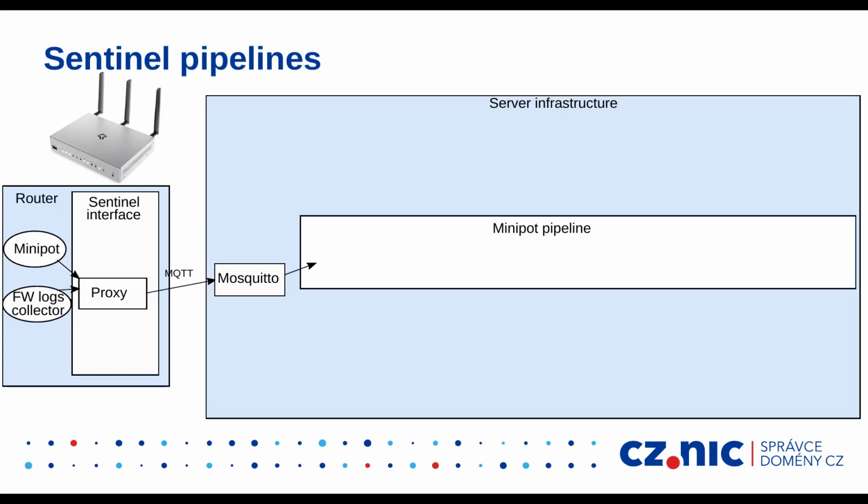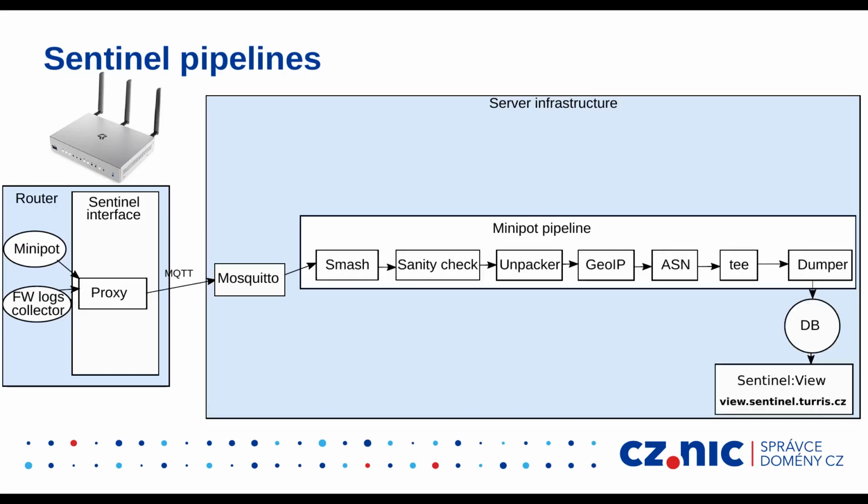That's where all the fun begins. Each data processing pipeline starts with Smash. Smash is subscribed to a pipeline-specific MQTT topic, Minipod in this case, and translates MQTT to 0MQ. The payload is basically left untouched, and the topic is transformed to the Sentinel Network standard message type. After that, well-known Sentinel pipeline boxes follow.